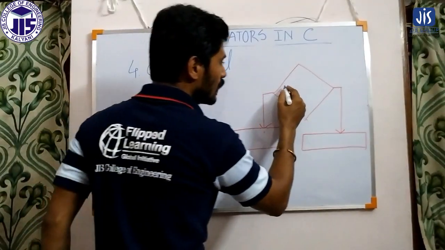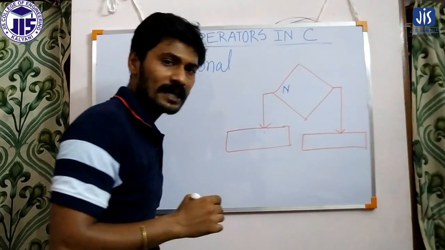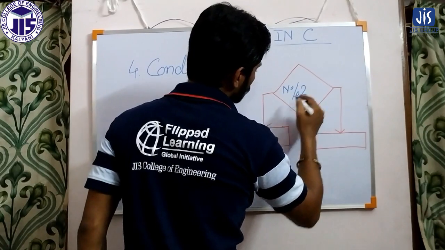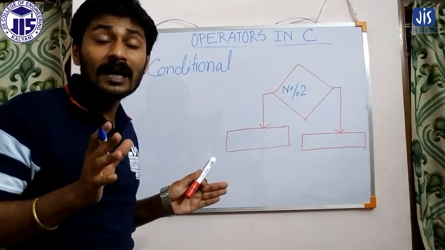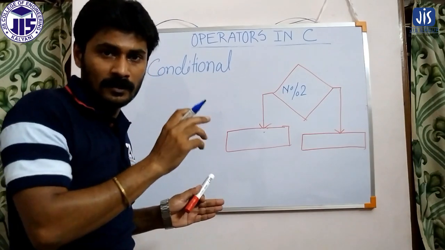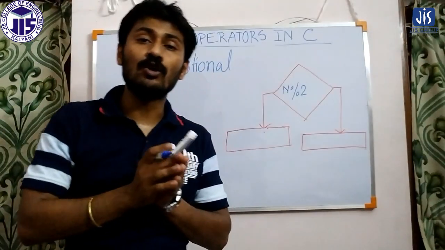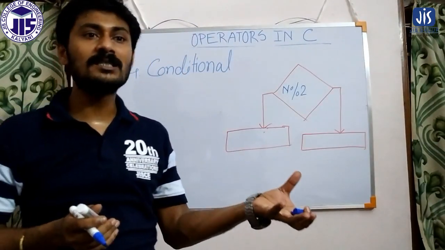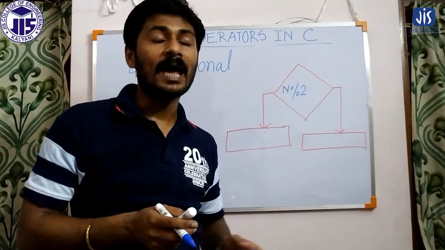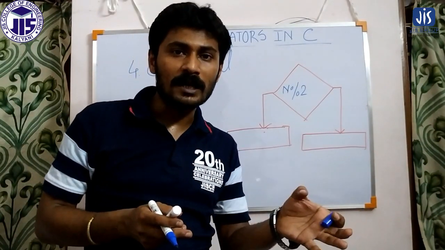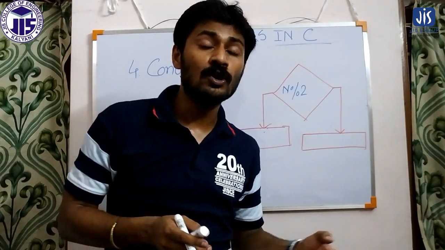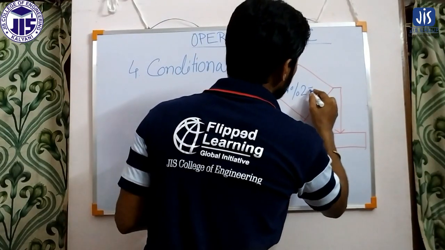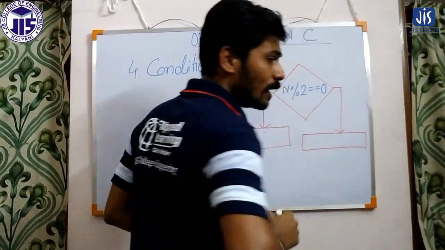The condition is that the number is n, and we are verifying the remainder. How can we decide if a number is divisible by 2 or not? If after performing the division operation the remainder is 0, we can say it is a divisible number. And if after the division the remainder is not equal to 0, then we say it is not divisible. So here we are going to check whether n mod 2 is equal to 0 or not.